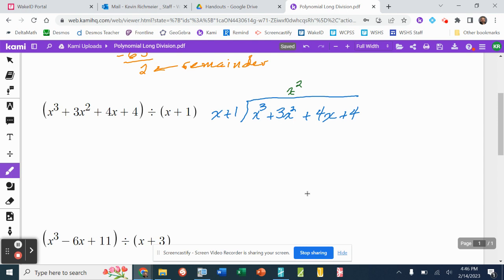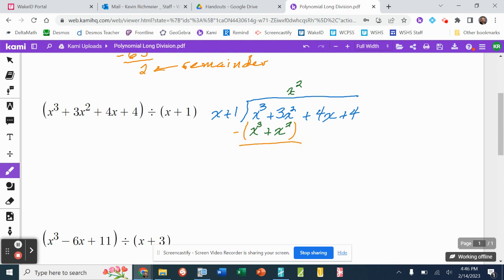So then I'm going to take x squared times x, that's going to give us x cubed. And then I have to come back and take this x squared times 1. So plus x squared. And then, just as I did with the long division of real numbers, I need to subtract this. So I'm going to end up subtracting this whole thing.